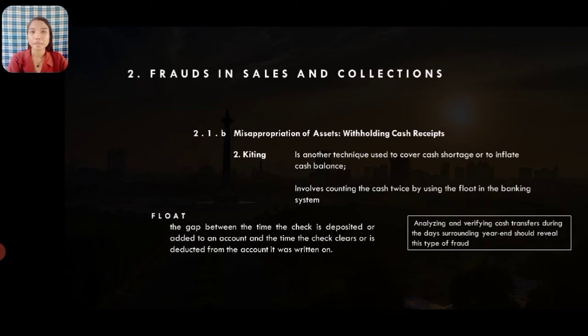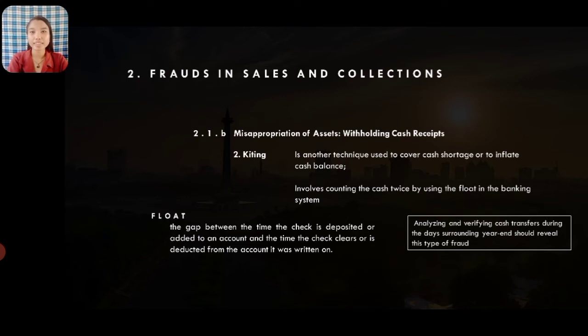But by means of kiting, this owner deposited $8,000 from Bank A to Bank B. Now the cash balances of each bank are $1,000 and $8,000.